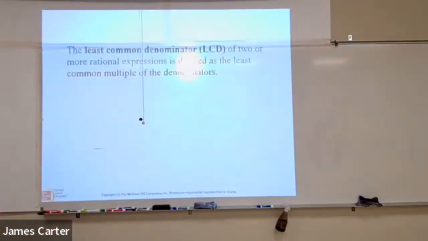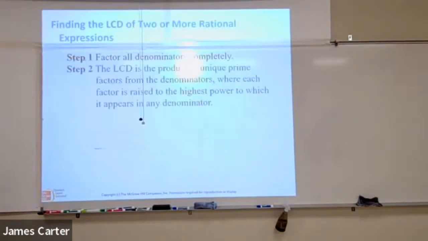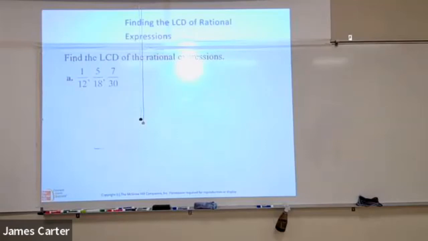Least common denominator. You can read that. You see how long I left it on. Factor all denominators completely. The least common denominator is the product of all the prime terms. Here, those 3 numbers share some parts.